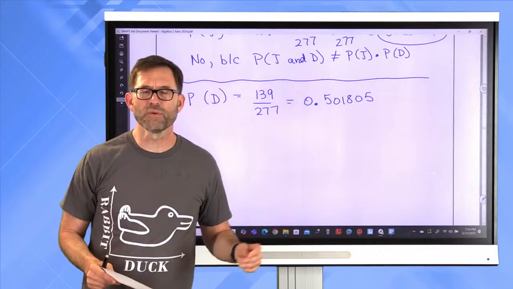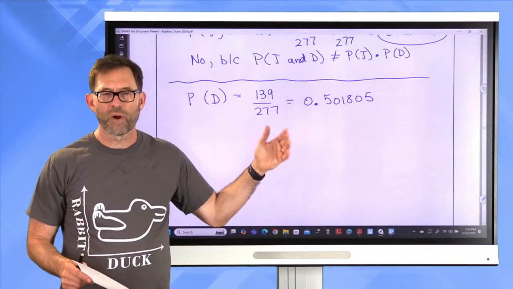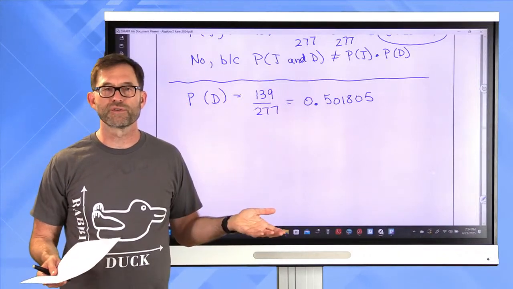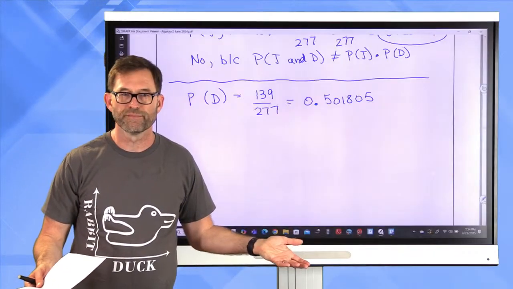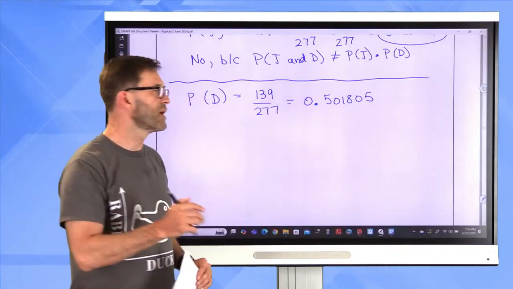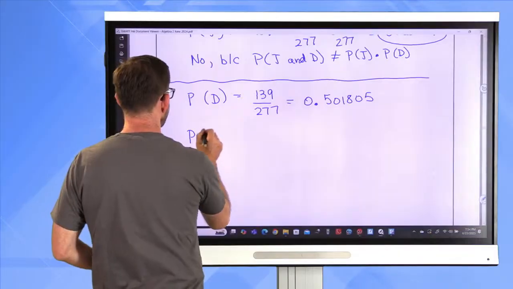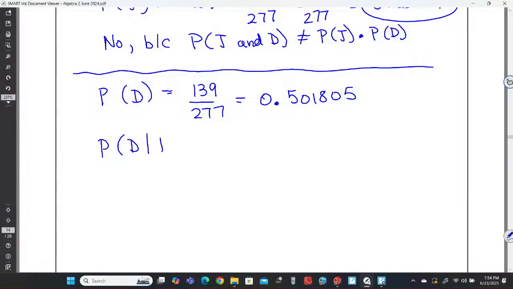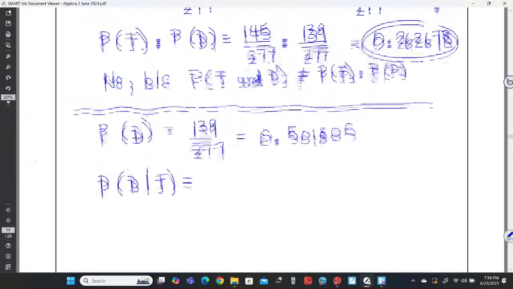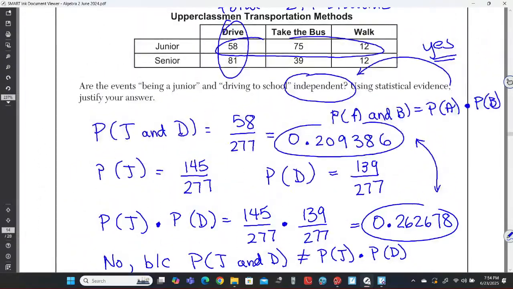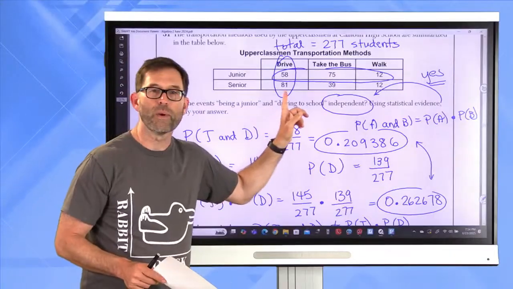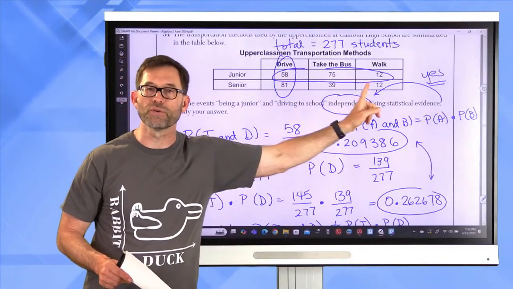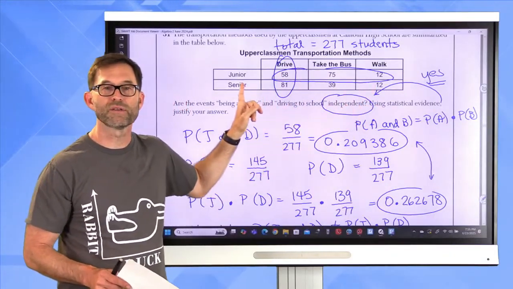And let's demystify this for a second, right? What this really just says is that roughly 50% of all the students drive to school, okay? So then the question becomes, what is the probability that one drives to school given that they're a junior? Now to do that conditional probability problem, what we do is we only consider the juniors, right? We only consider the juniors.